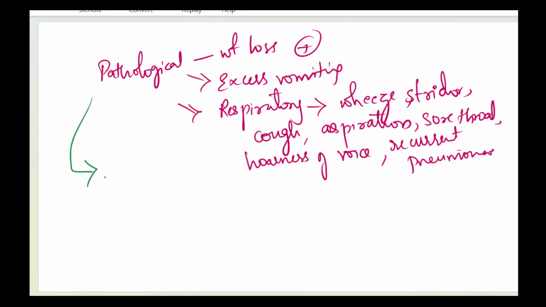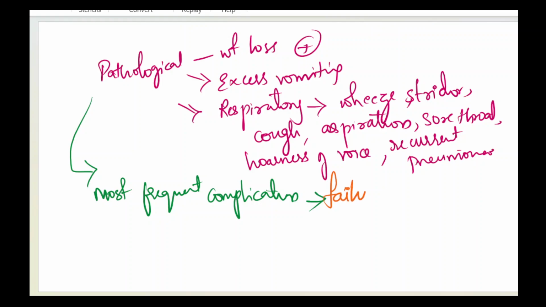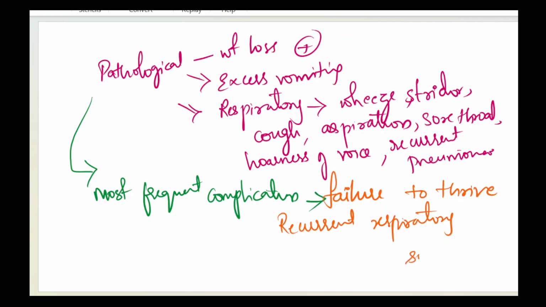In this pathological, the most frequent complication, if you see, will be failure to thrive. And next option will be recurrent respiratory symptoms.